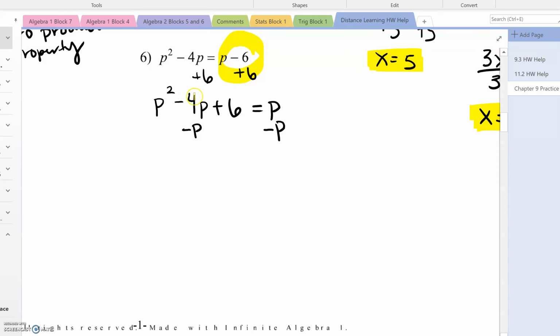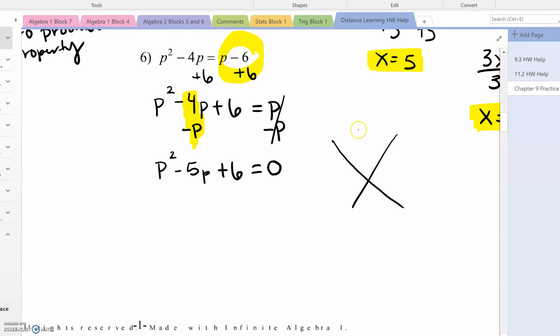Notice that I'm lining up my like terms. So I have p squared minus 5p plus 6 equals 0. So those p's canceled out. So now I'm trying to think of two numbers that multiply to 6 and add to negative 5. So 6 and 5 are tricky because you think 6 and 1 and you also think 2 and 3.